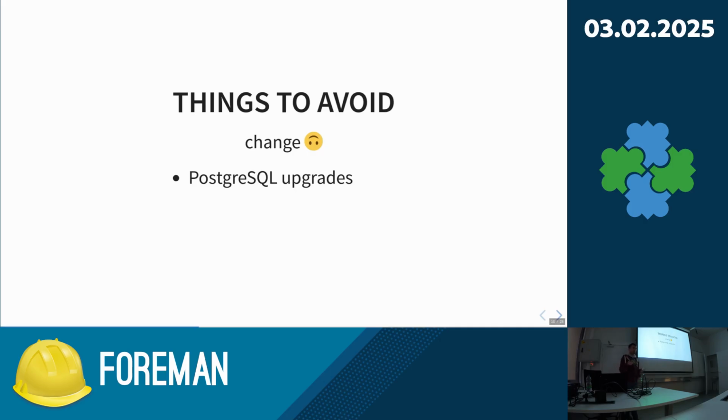For Foreman, on EL9 we have PostgreSQL 13 as the base PostgreSQL. So we prepared the PostgreSQL 13 upgrade first on EL8 in the previous Foreman version. So you would upgrade to 13, have your running 13 working on EL8, and then you just need to upgrade the OS.